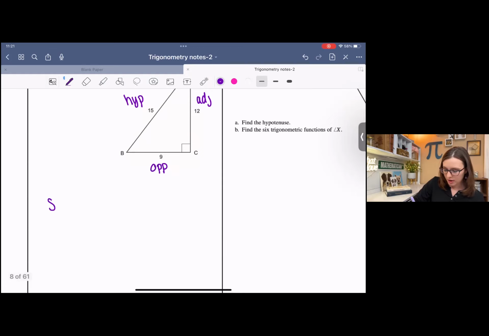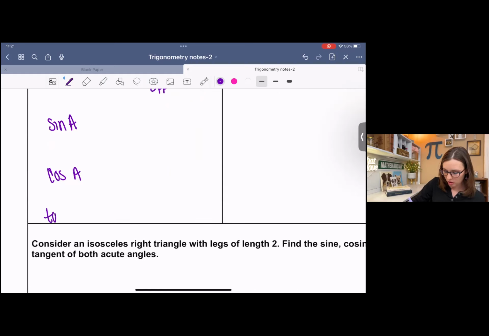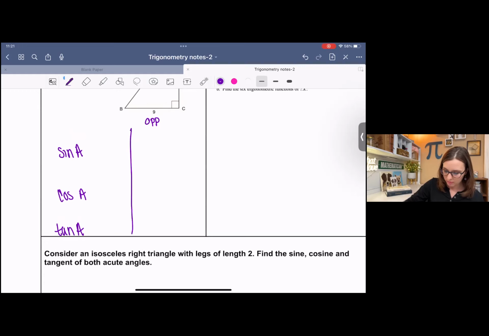I've got sine A, cosine A, and tangent A. And then I've also got cosecant A, secant A, cotangent A. So that's all 6 trig functions.